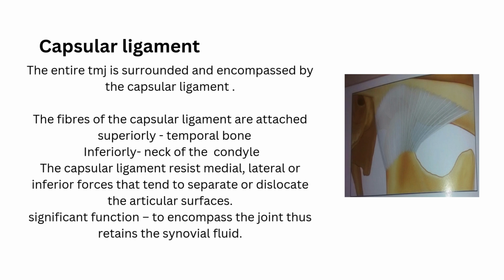It resists medial, lateral, or inferior forces, so that every time you open your jaw, your mandibular condyle doesn't pop out of the mandibular fossa. Okay, so it prevents separation or dislocation of the articular surfaces. And because it surrounds the TMJ completely, it prevents leakage of synovial fluid also.